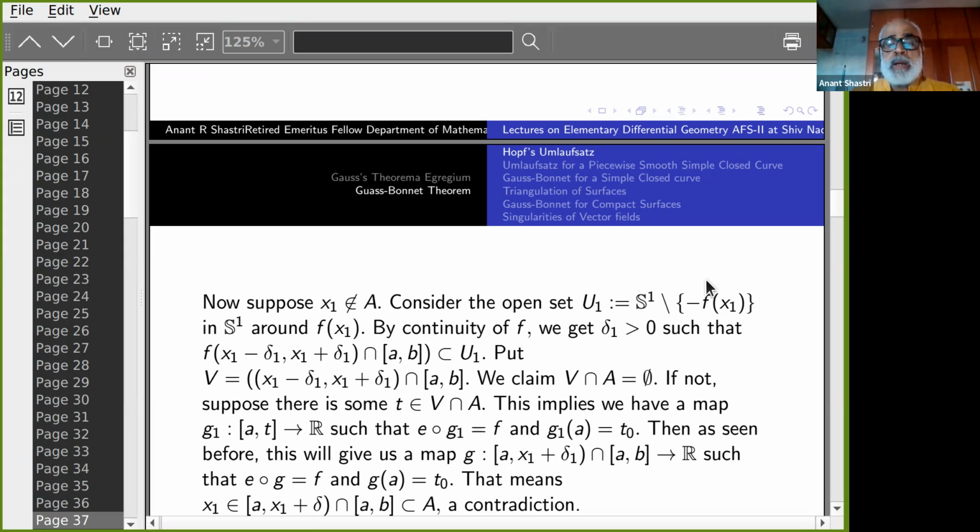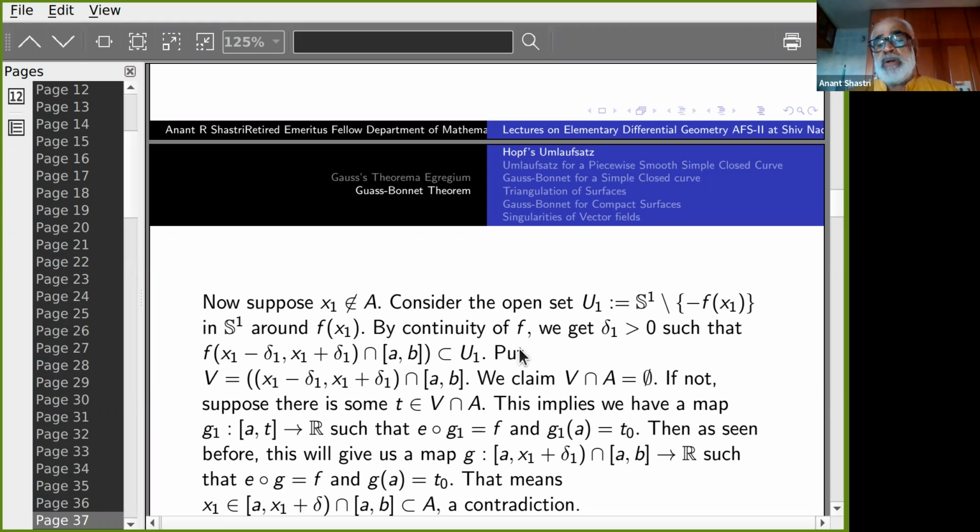For this u1, which is a neighborhood of f(x1), f is defined on the whole of AB. By continuity of f, we get a positive delta 1 such that the interval from x1 minus delta 1 to x1 plus delta 1, intersected with AB, has f of that contained inside u1.